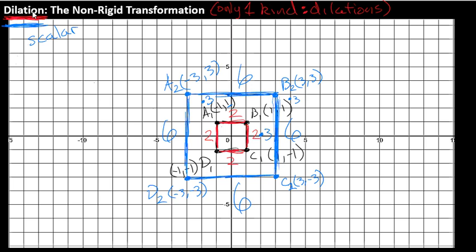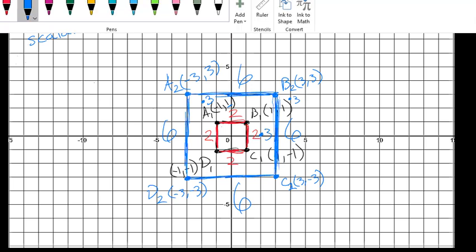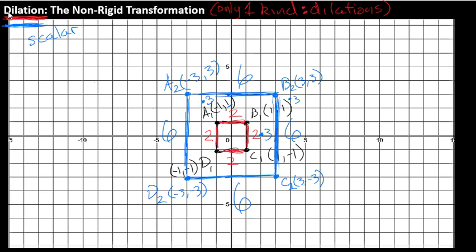So what I've done is I took my red square, A, B, C, D, and I dilated it by a scalar, and we'll use K to represent our scalar, by a scalar of 3, and that gave me a new A, B, C, D, right?